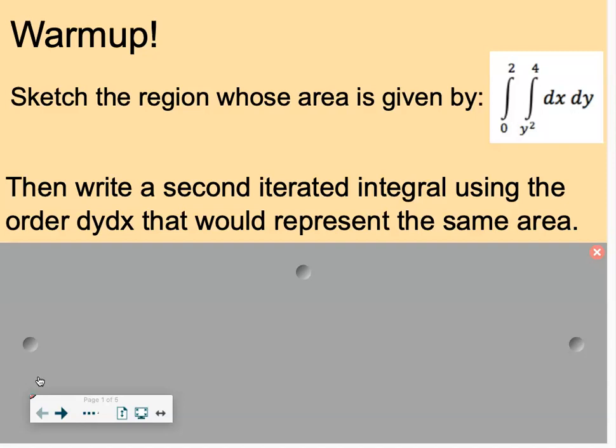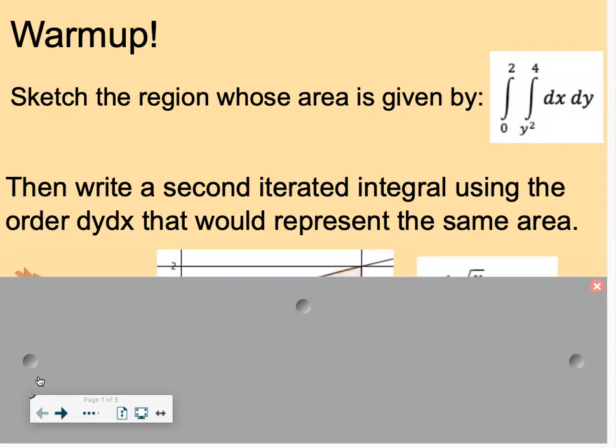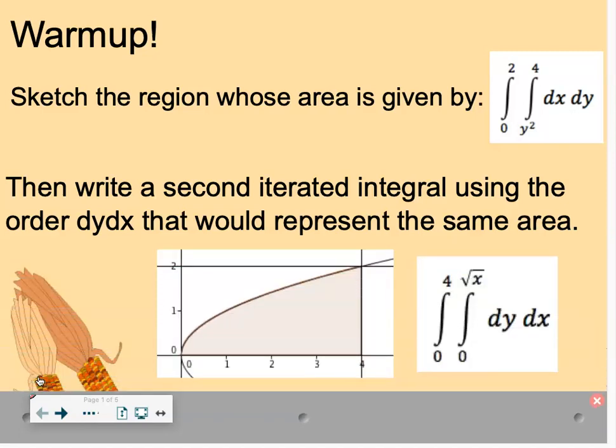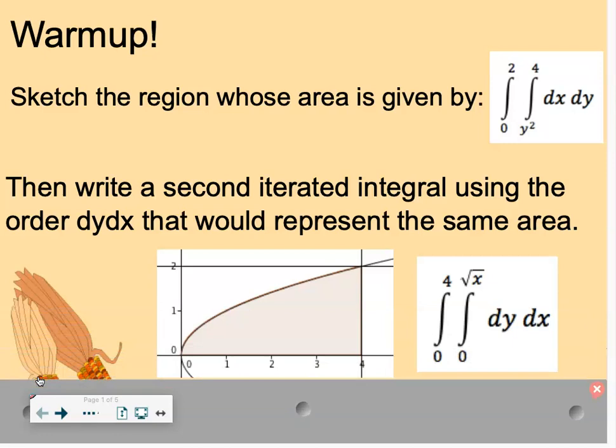So everyone knew that x equals y squared was a sideways parabola. Well done, those of you who drew a sideways parabola. There's my sideways parabola. But a lot of you cut off the top.